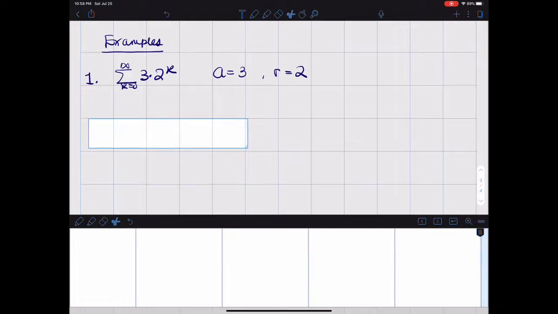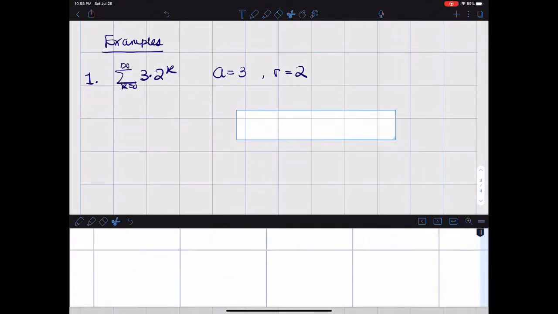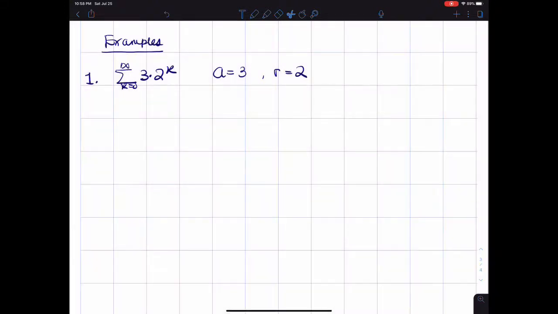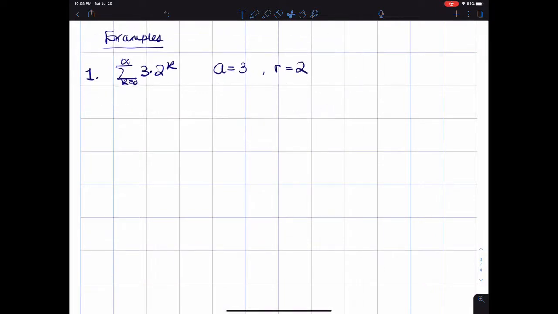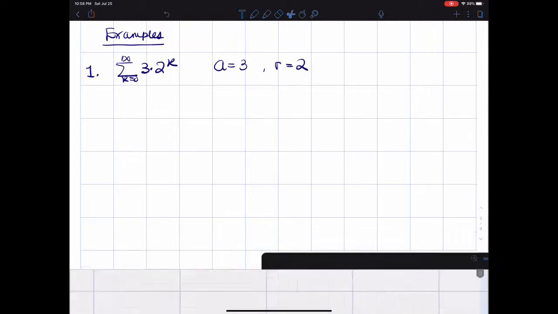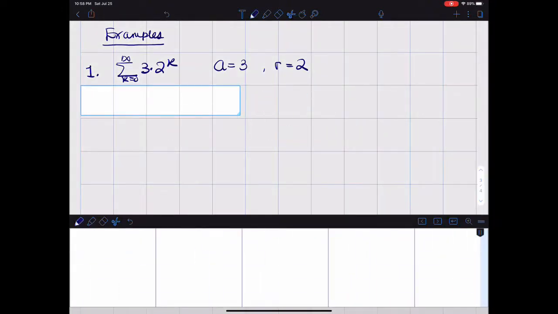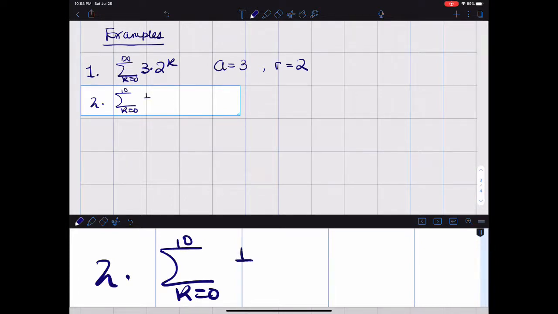Now, how about, what did I just do? So how about the summation k from 0 to 10 of 1/2 to the power of k?